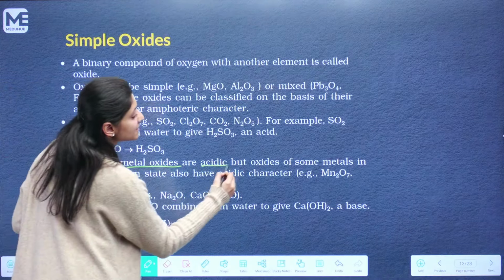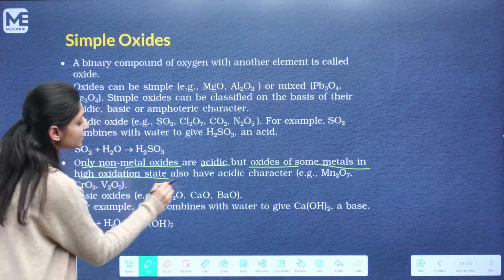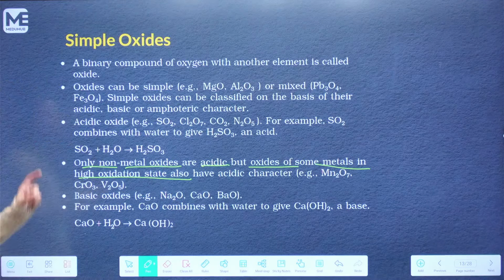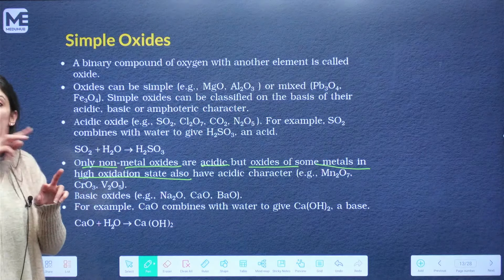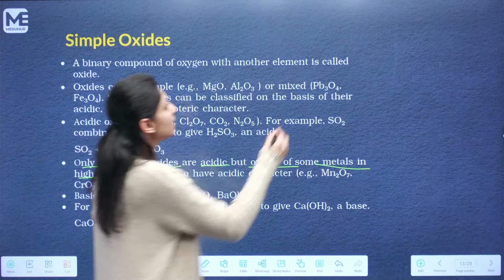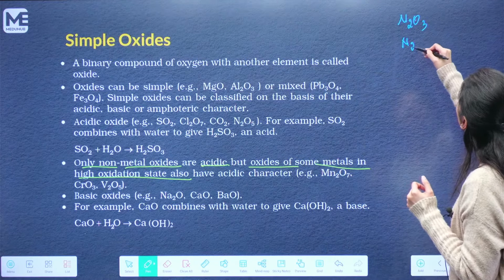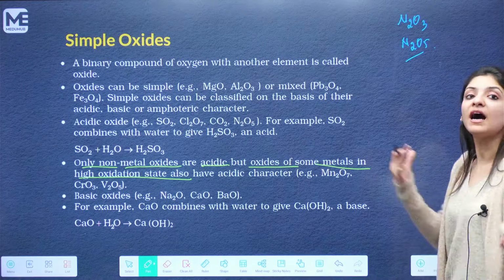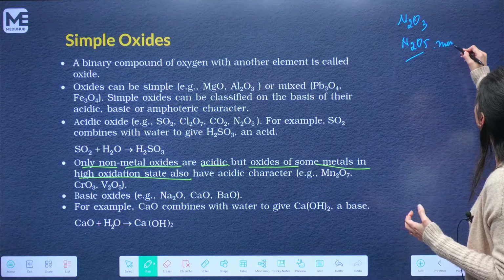Non-metal oxides are acidic, but oxides of some metals in a high oxidation state also have acidic character. So if you are comparing oxides of the same element in different oxidation states, like N2O3 and N2O5, the oxide in the higher oxidation state will always be more acidic.